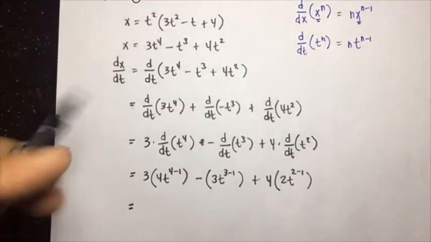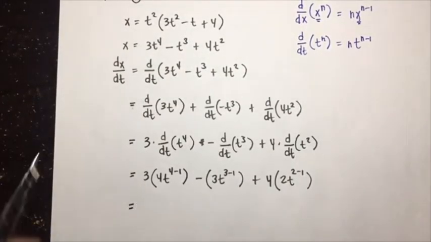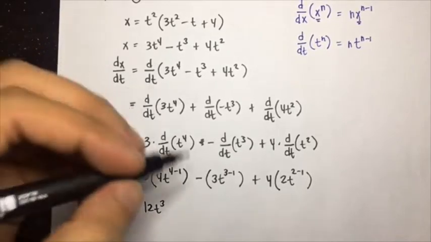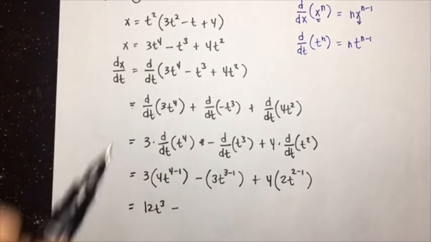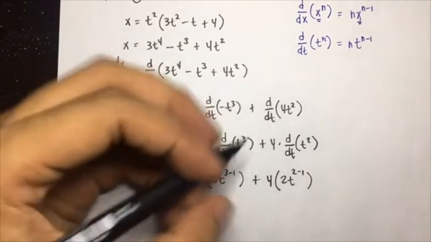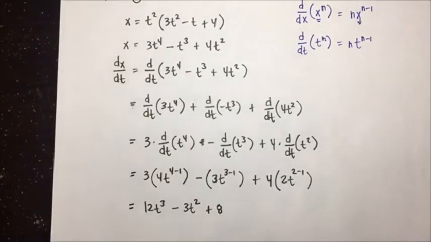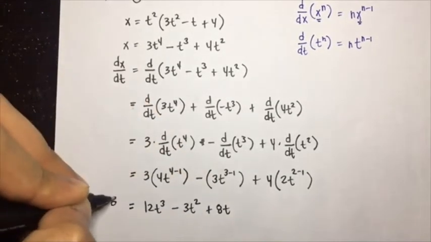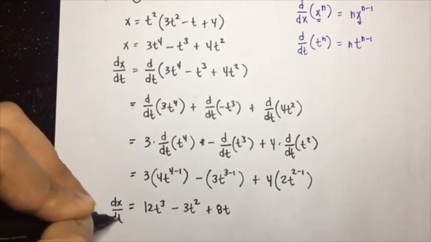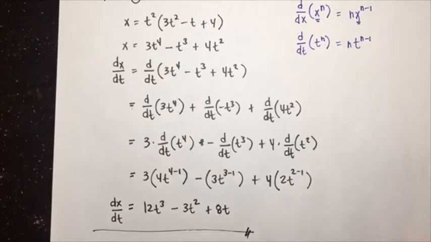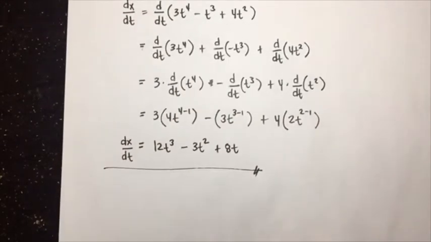Simplifying, 3 times 4 is 12t cubed, minus 3t squared, plus 8t. So that is dx over dt. That is our first solution.